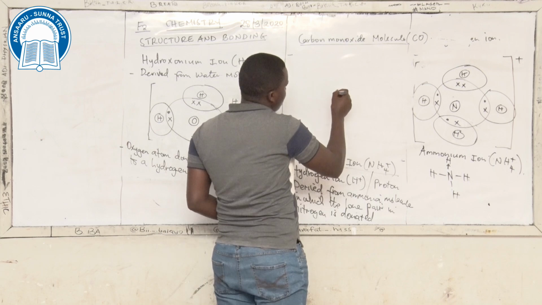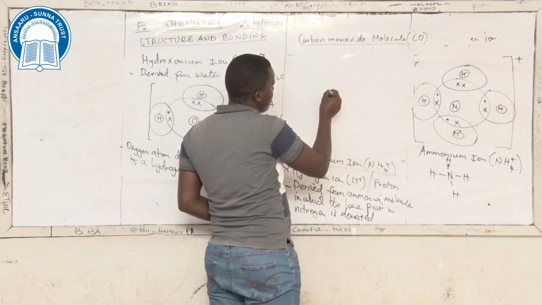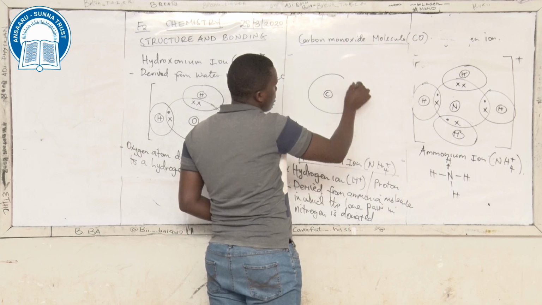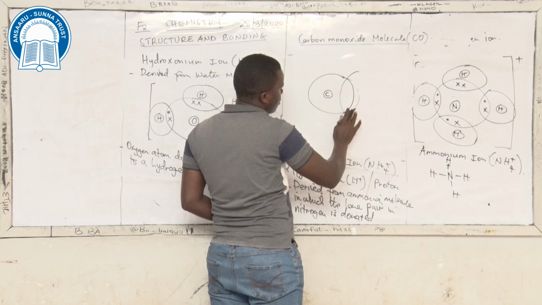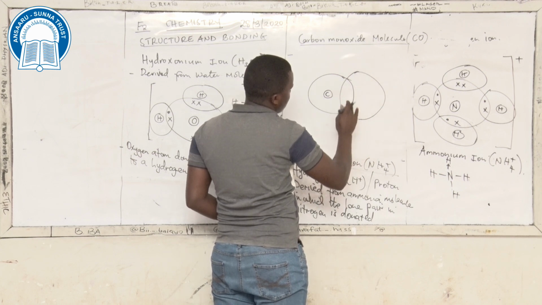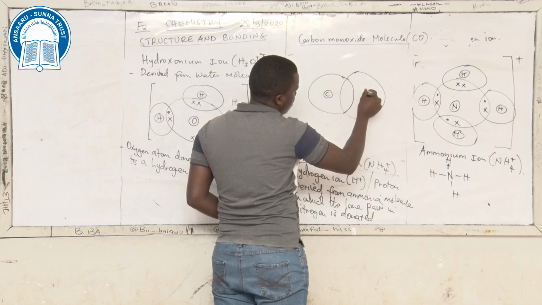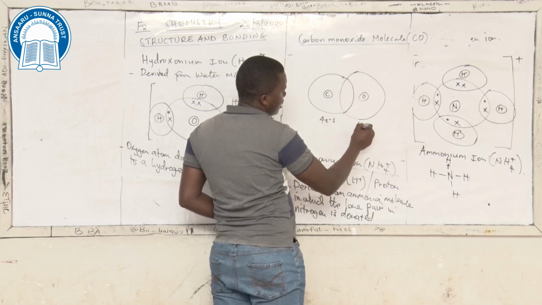Carbon has 4 valence electrons and oxygen has 6.